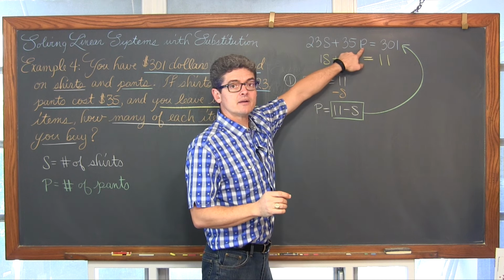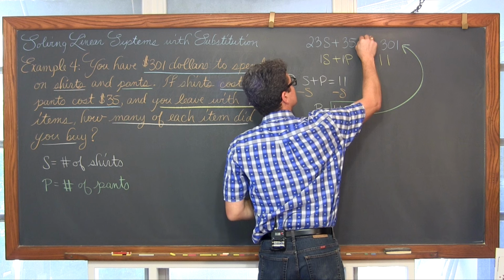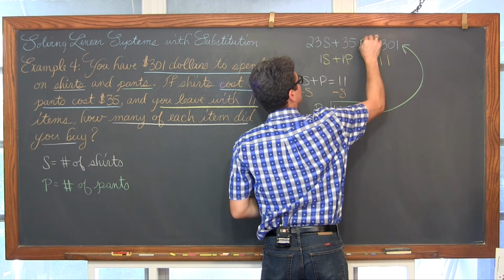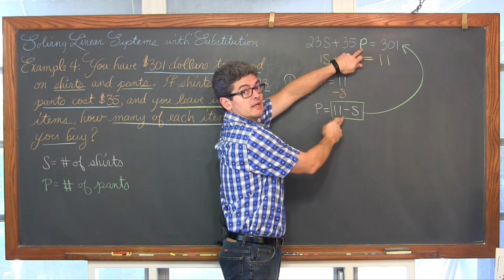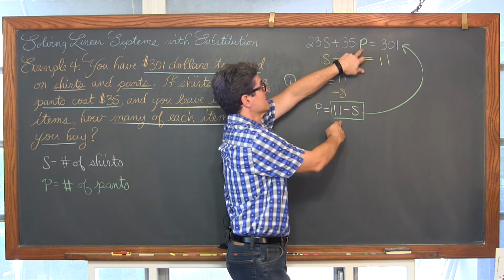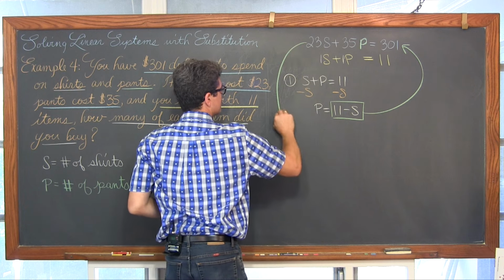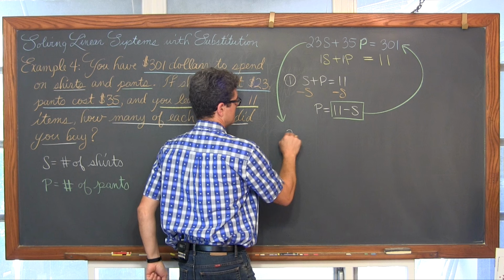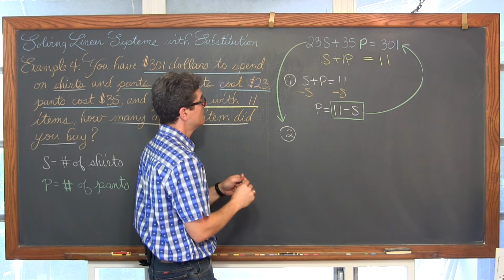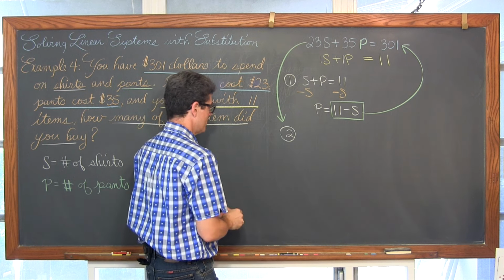I'll see that letter p, and that letter p is going to come out, and in its place we're going to put 11 minus s. This is step 2, where you're bringing the two equations together to write one new equation that only has one variable.